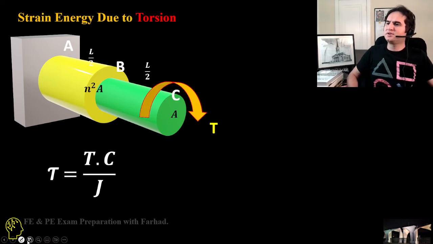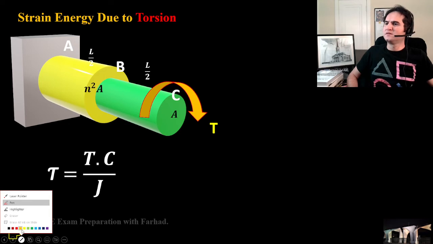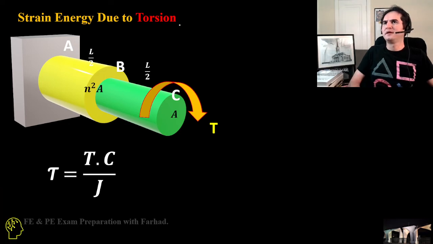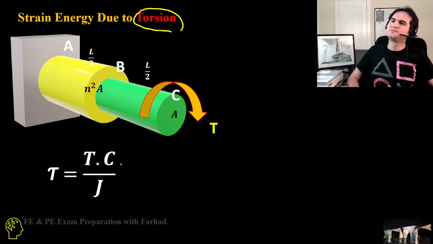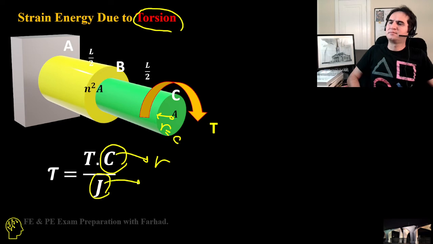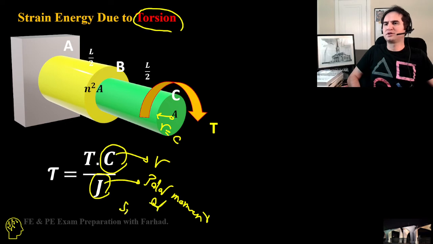And this third scenario is the condition which we have for torsion. If a torsional torque is applied at the end at C, we do know the shear stress introduced by a torsional torque is T times C over J, where C is the radius, and J is the polar moment of inertia.